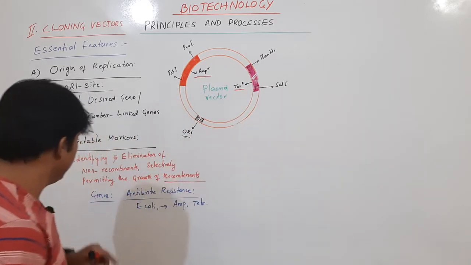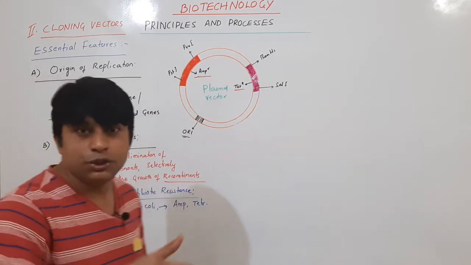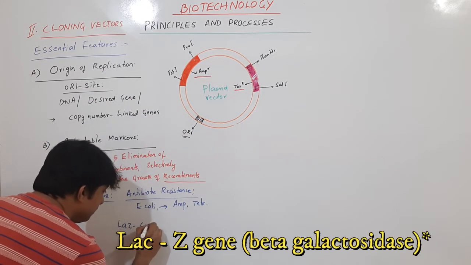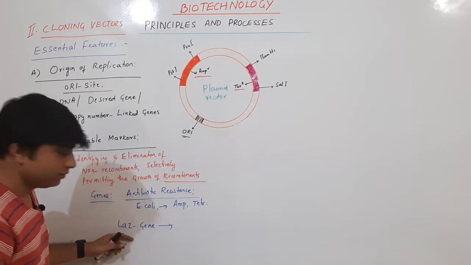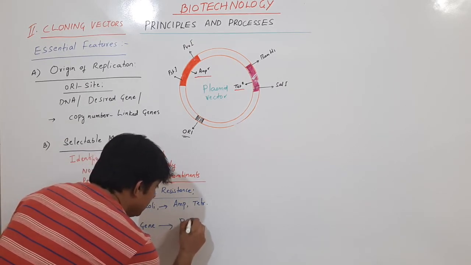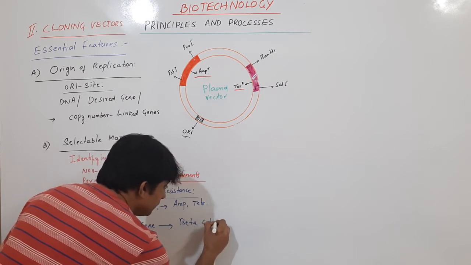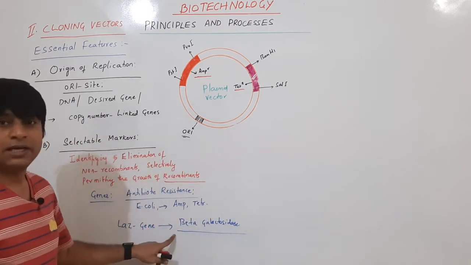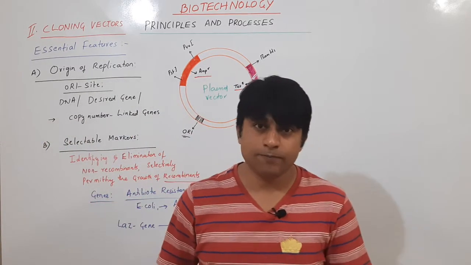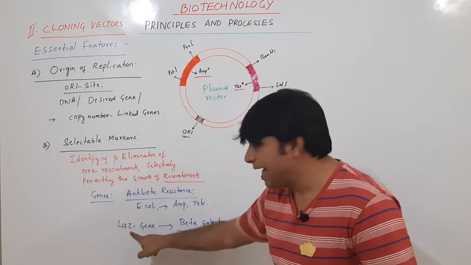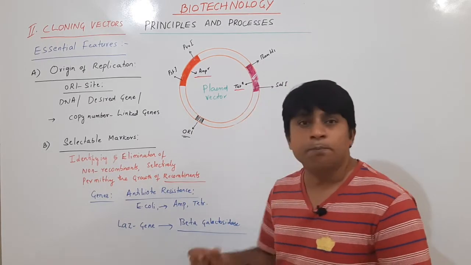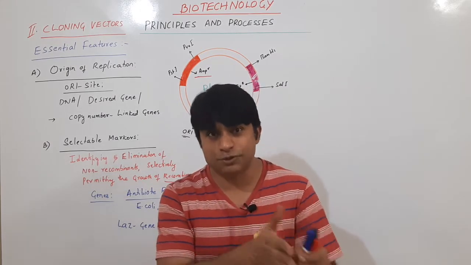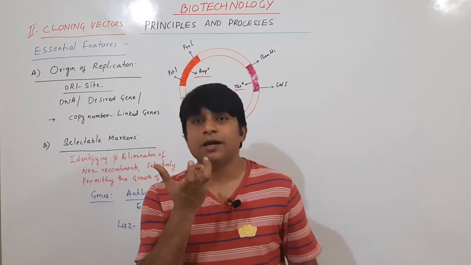But these are the selectable markers which we use for E. coli. Next, along with this, we are also using the LAC-Z gene, which encodes for an enzyme called beta galactosidase. It can also be used as a selectable marker because this LAC-Z gene produces the beta galactosidase enzyme, and this enzyme acts on its substrate and produces a colored product.